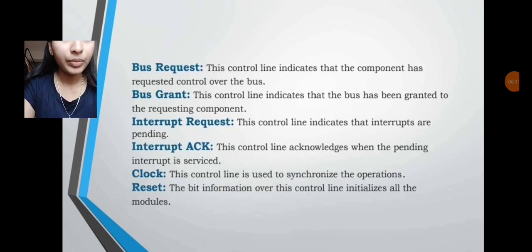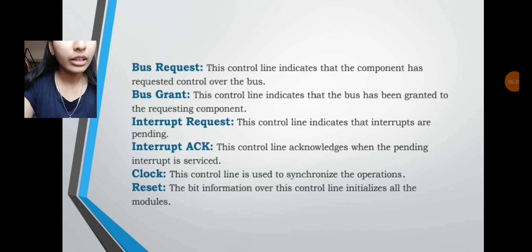Bus request. This control line indicates that the component has requested control over the bus. Bus grant. This control line indicates that the bus has been granted to the requesting component. Interrupt request. This control line indicates that interrupts are pending. Interrupt acknowledge, or interrupt ACK.